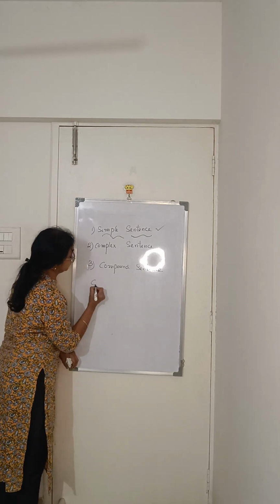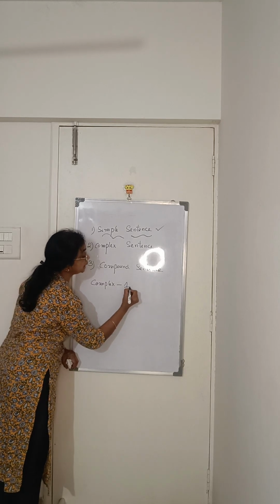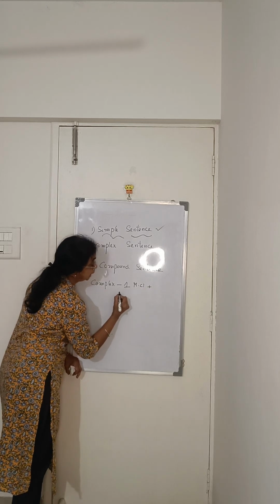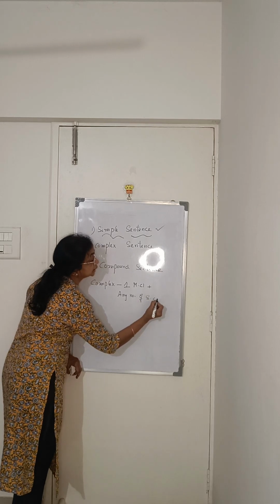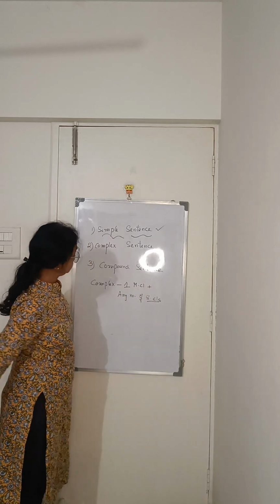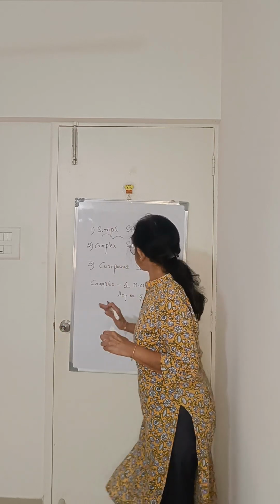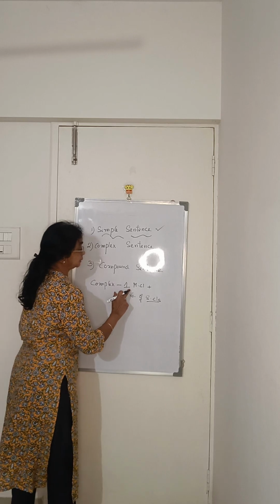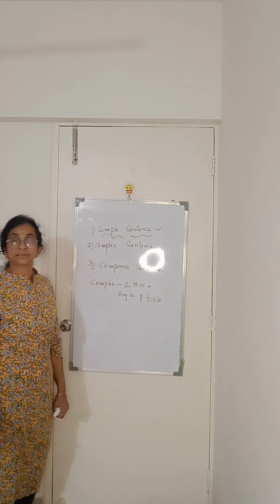A complex sentence always has one main clause plus any number of subordinate clauses. Grammar is just like maths, so let's learn grammar like maths.